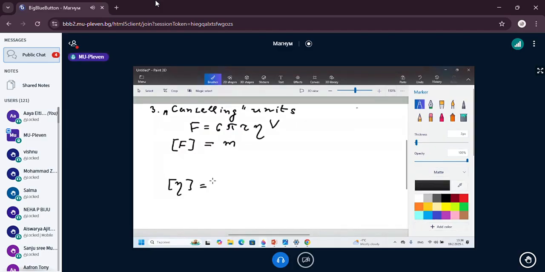I'm giving it directly: Pascal second. Pascal is Newton per meter squared, since Pascal is the unit for pressure. So thus, let us substitute this here. Newton per meter squared second. So thus, this is the unit for R.